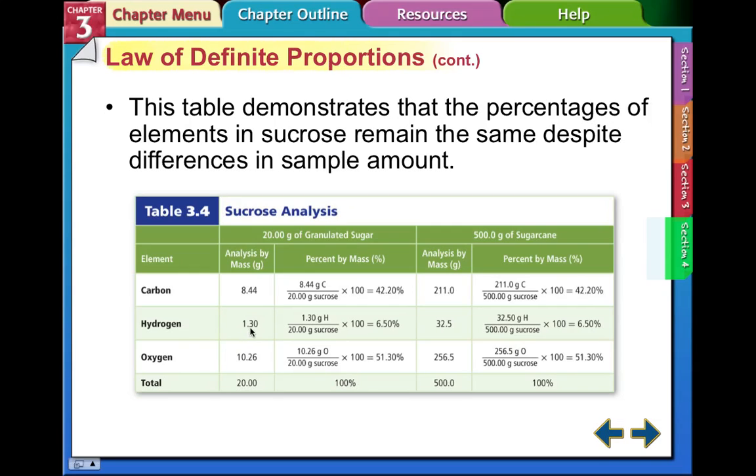If we have 1.30 grams of hydrogen, we know that it makes up 6.5% of the mass. If we have oxygen at 10.26 grams, we know that it is 51.3% oxygen. Remember, all of these percents need to add up to 100. Okay?